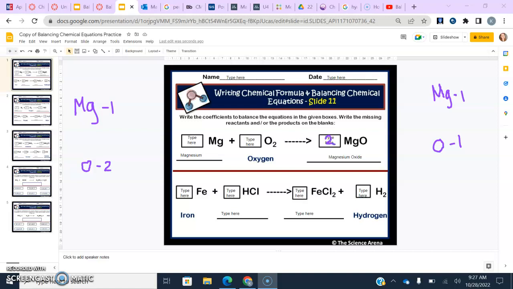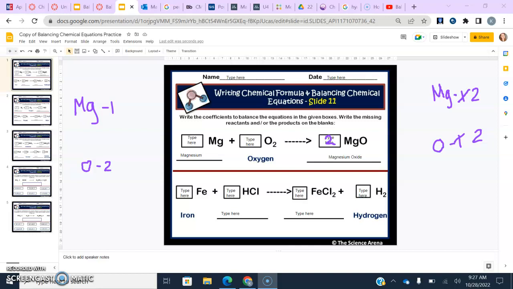Now, because I've added a coefficient, we're going to make sure we add as we go. So make sure that we change our elements as we go to make sure we're balancing correctly. So now because I added that 2 coefficient, I'm going to have 2 magnesium and 2 oxygen. Okay, so I've got 2 magnesium and 2 oxygen. Our oxygens are balanced now, but the magnesium is unbalanced.